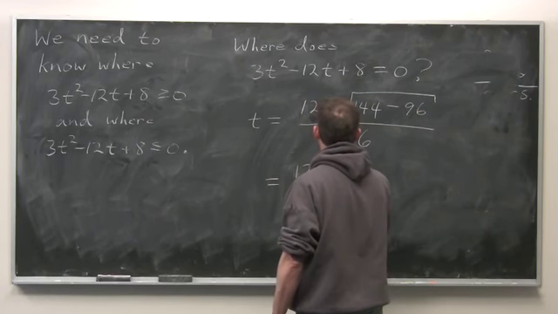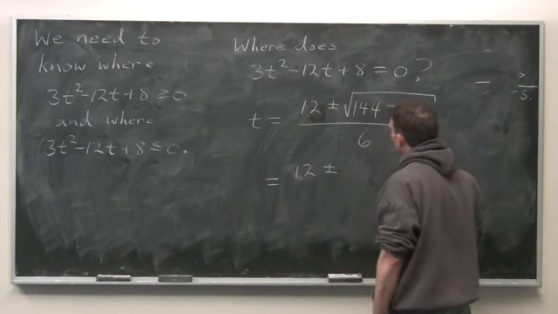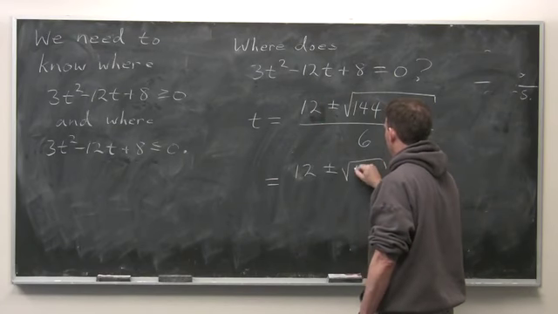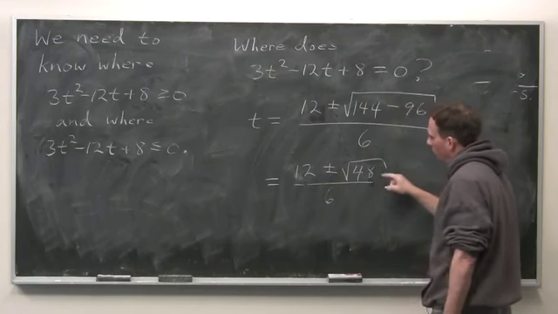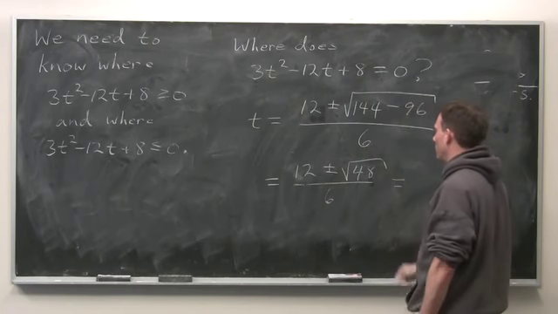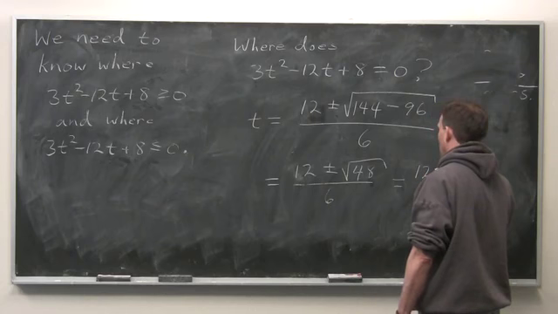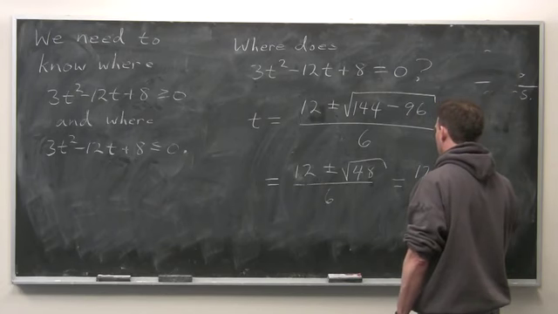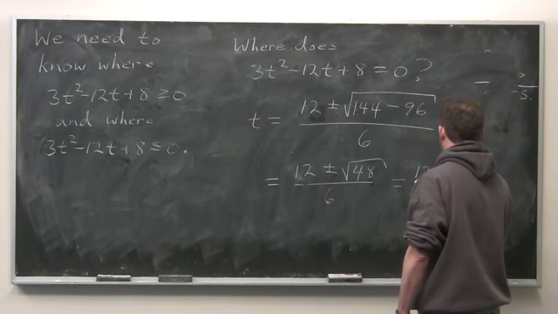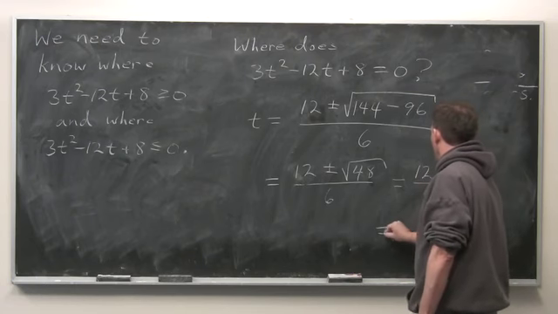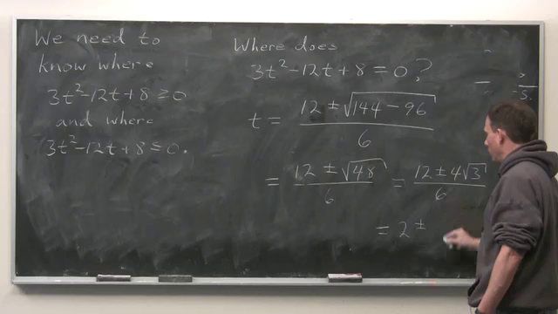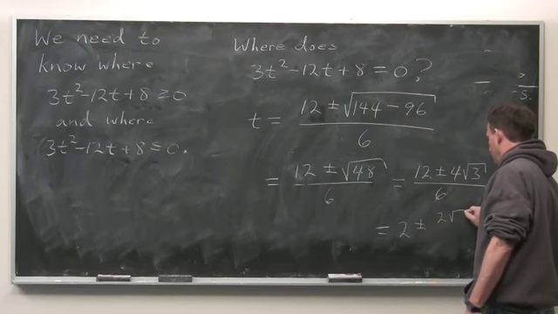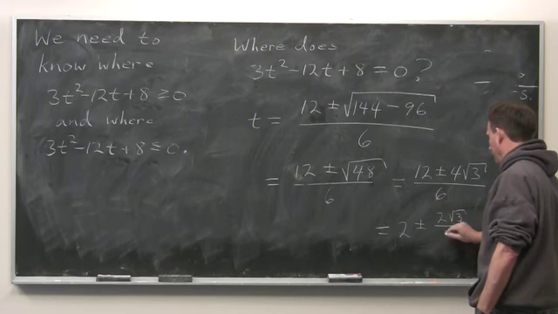This is 12 plus or minus the square root of 48, over 6. You can pull a square root of 16 out of here. The square root of 16 is 4, so you get plus or minus 4 times the square root of 3 over 6. I'm going to write this as 12 over 6 is 2, plus or minus 4 over 6, so that's 2/3, so 2 times the square root of 3 over 3.